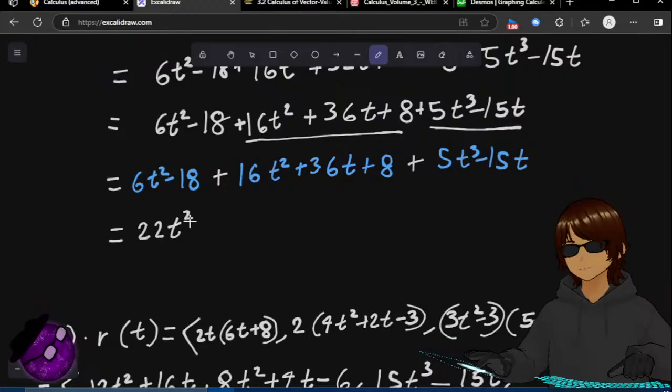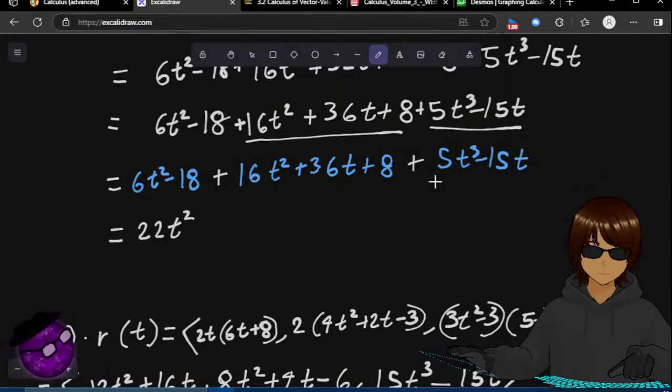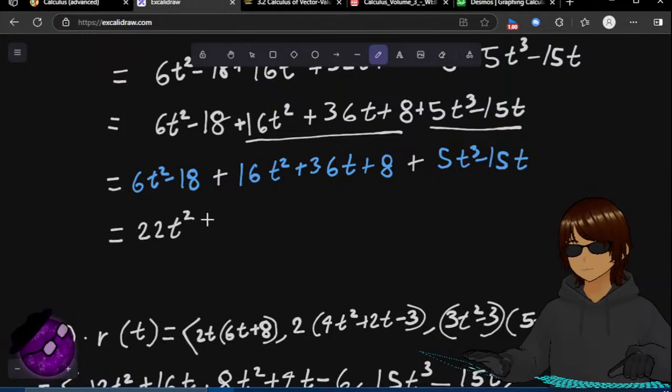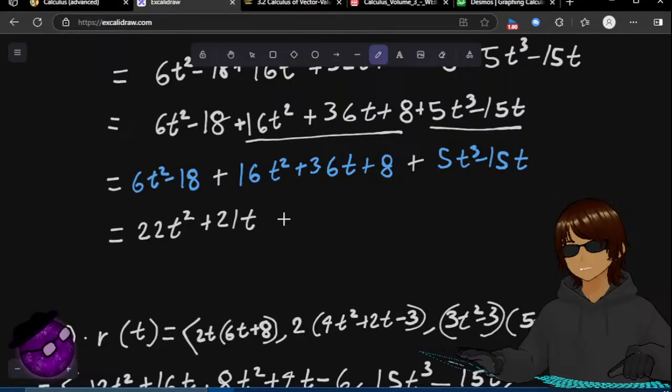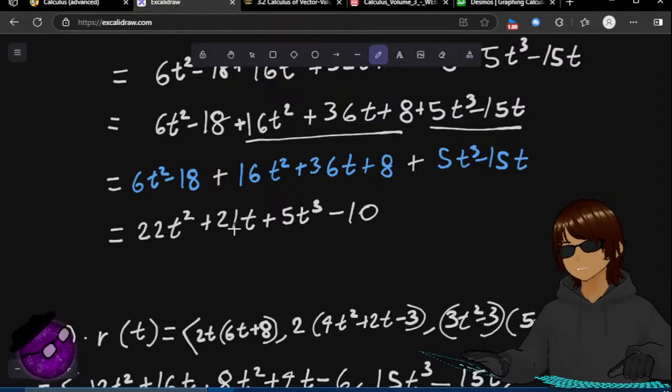So 22t squared, and then 36t minus 15t, 21t, oh, and then I forgot the cube, and yeah, minus 18 and 8. Yes, this is the final answer.